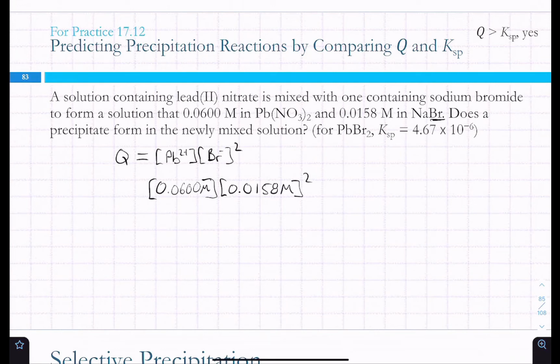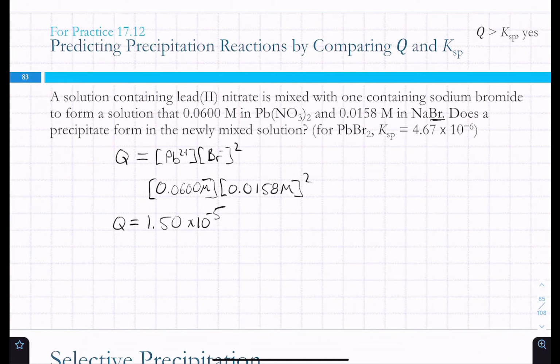So our Q is going to be 0.06 times 0.0158 squared. And Q is equal to 1.5 times 10 to the negative 5. So is Q larger than K? Yes.